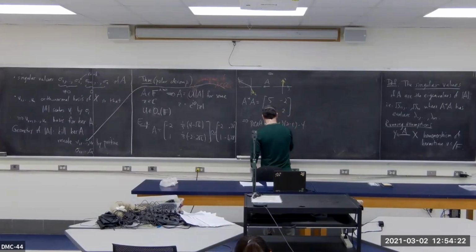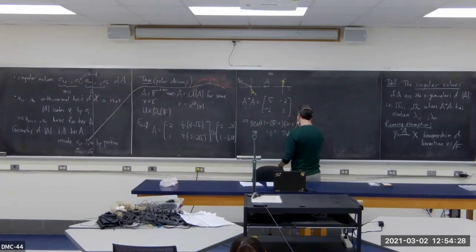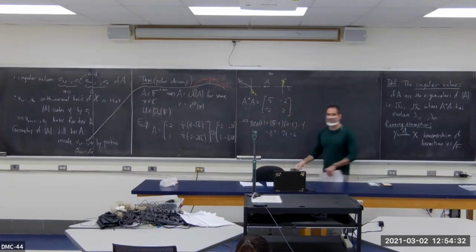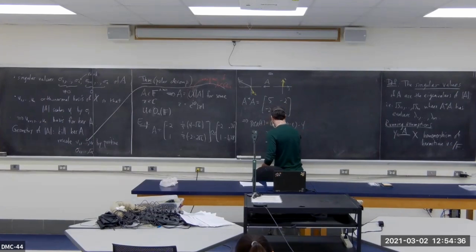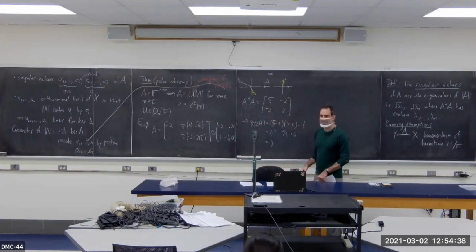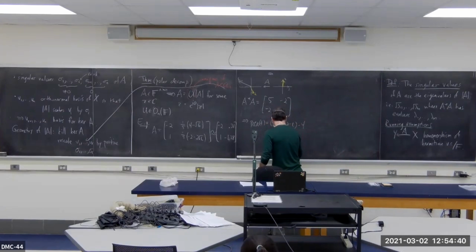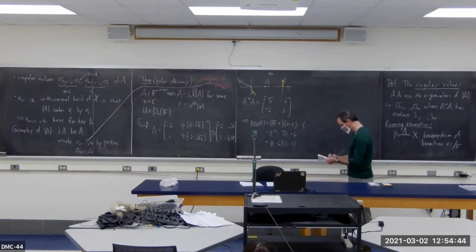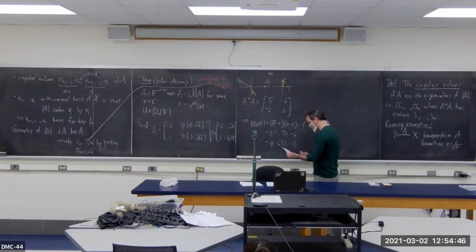It's going to be t squared minus 7t, plus 10 minus 4, which is plus 6. And what's that? Yeah, (t minus 6) times (t minus 1). Okay, so that means that what are the singular values?